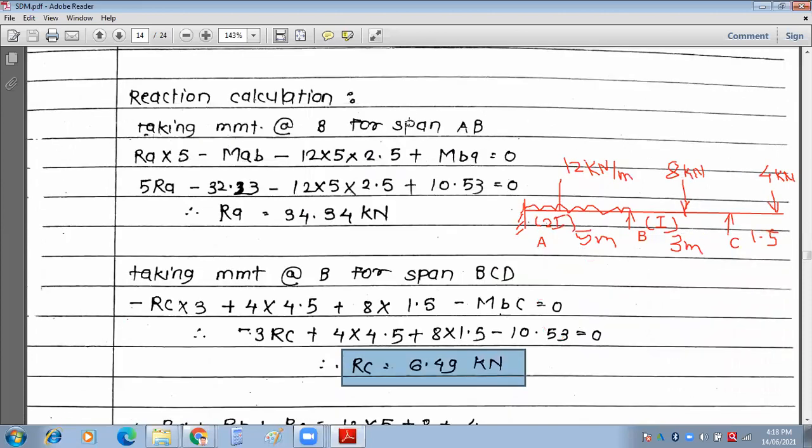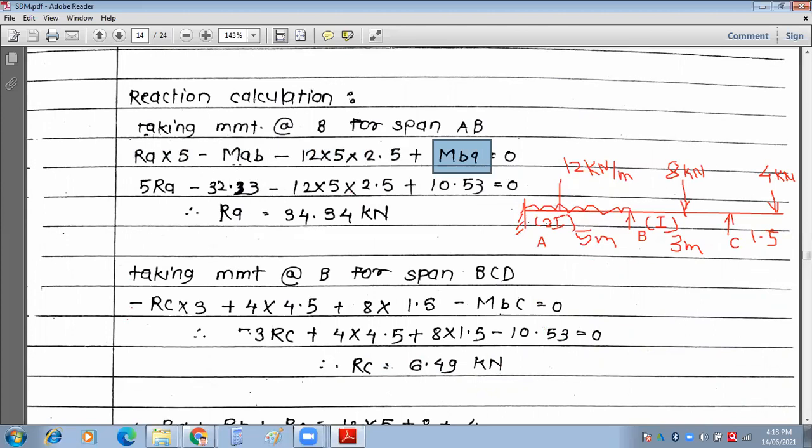Similarly, if you consider the span AB, for the span AB, if you are considering the left side, there is only one reaction, RA into 5. Moment at AB, then UDL 12 into 5 into 2.5 plus moment BA.